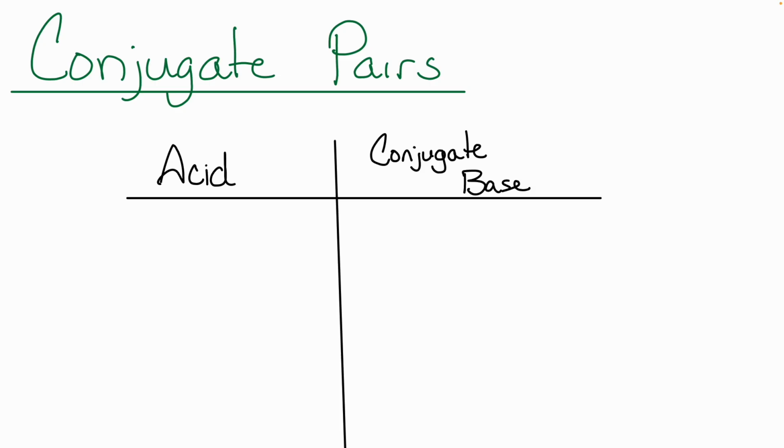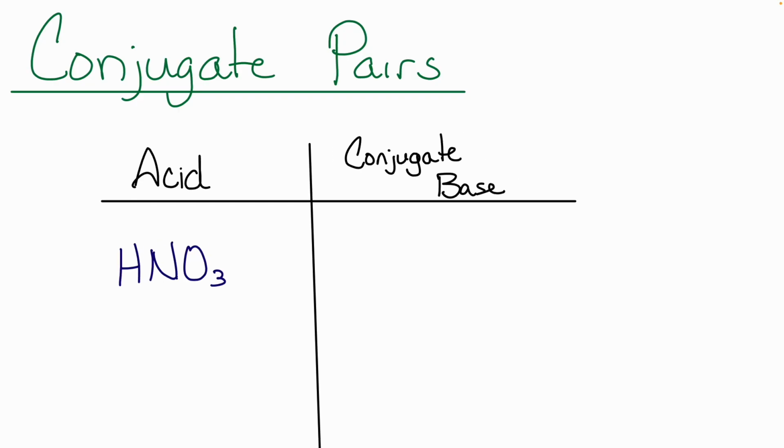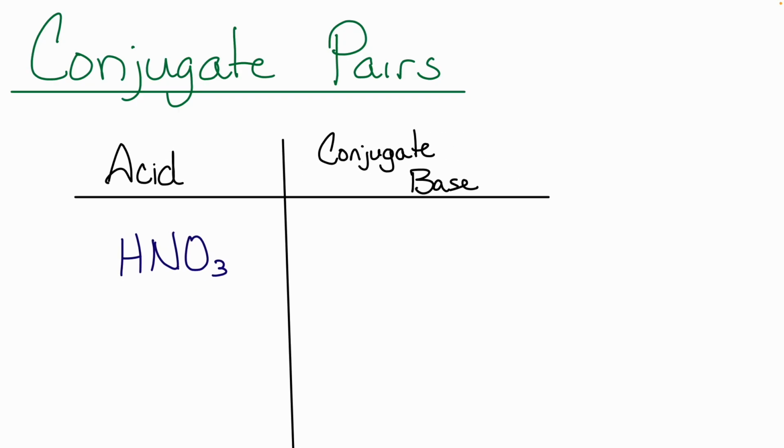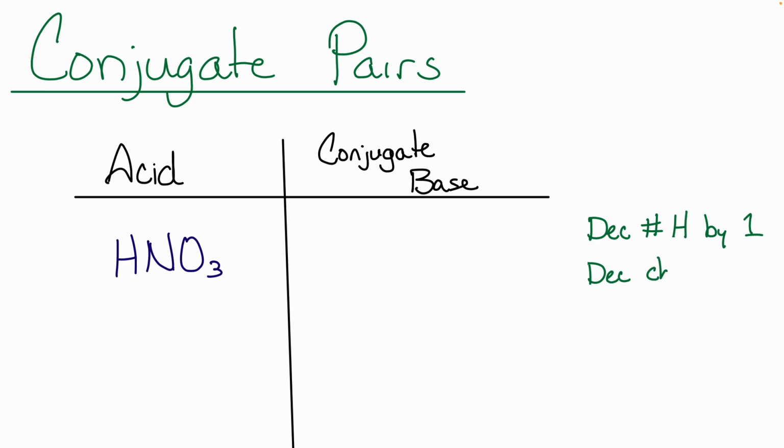Okay, and so just starting out with that same acid that we looked at previously, so we can remind ourselves how we got that formula. What we said is we were going to decrease the number of hydrogens by 1 and decrease the charge by 1.